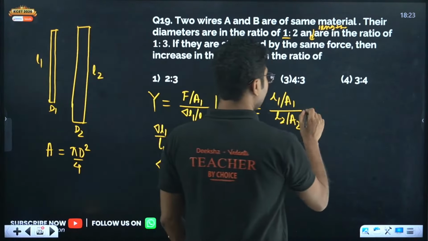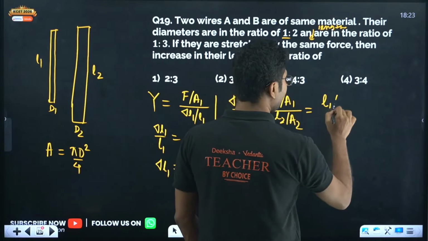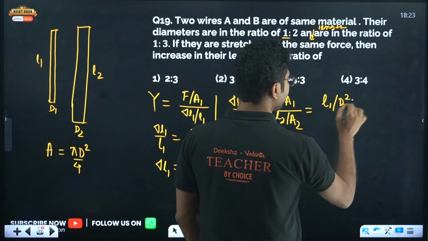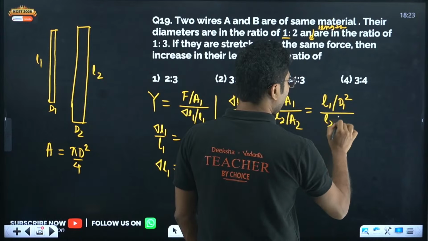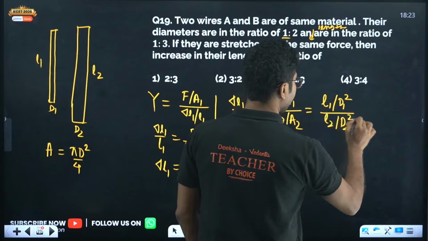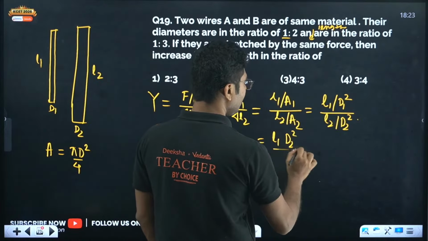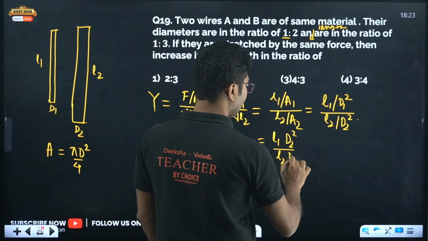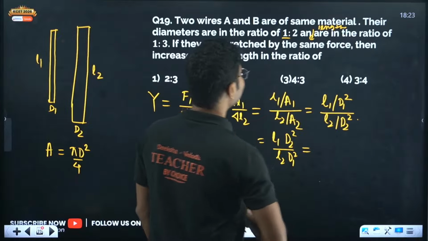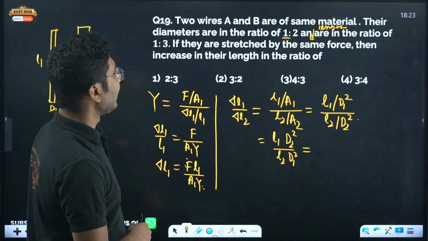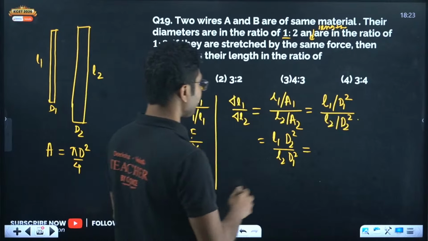So you can write this as L1 by D1 square divided by L2 by D2 square, or L1 D2 square by L2 D1 square. What is the ratio of L1 and L2? L1 and L2 are in the ratio of 1:3.